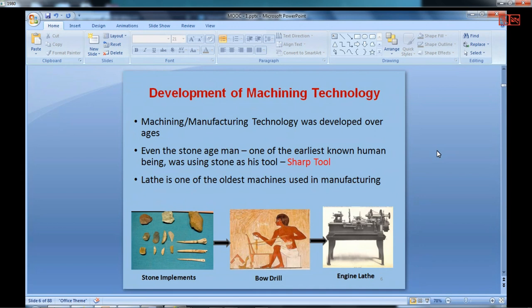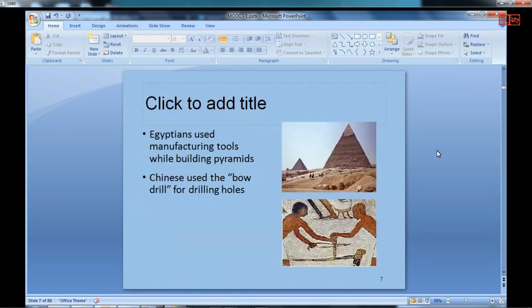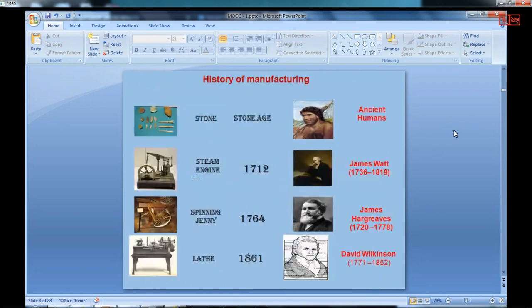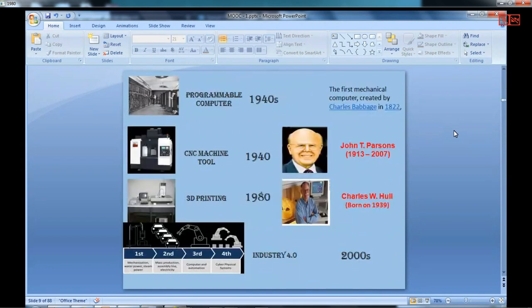And then we also talked about the Egyptian pyramids. When they made those pyramids, they used all the technologies we have been talking about. The Chinese were also popular for using what is called the bow drill. Then we quickly looked at some of the history of who contributed to the development of manufacturing.